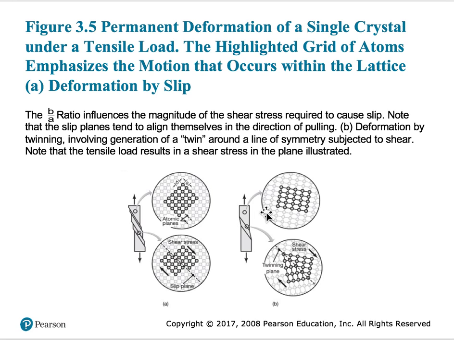Certain materials will prefer to deform in one manner, whereas certain materials will prefer the other. FCC and BCC type of materials will tend to prefer to deform by slip, whereas HCP will try to deform by twinning.